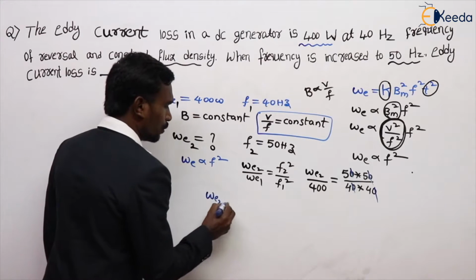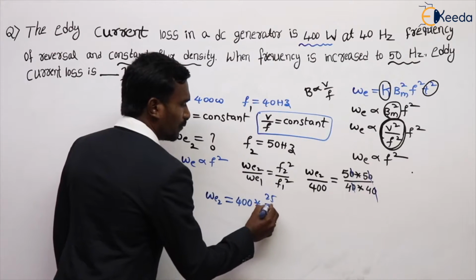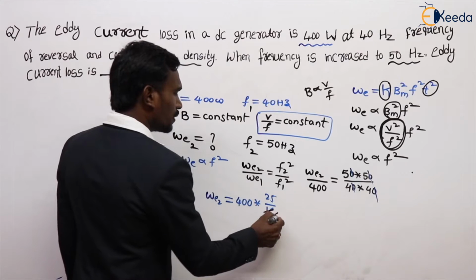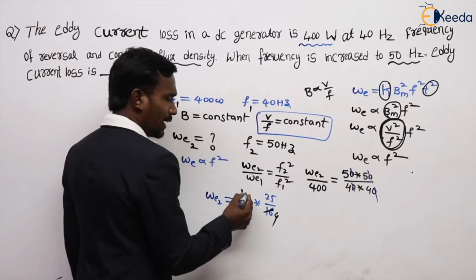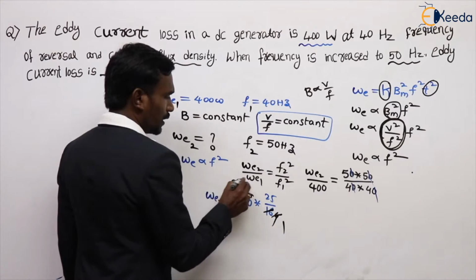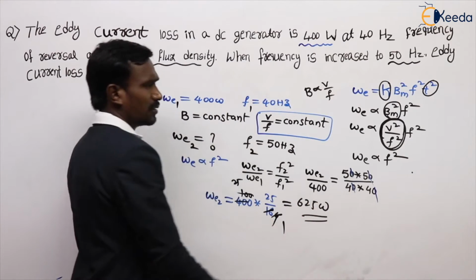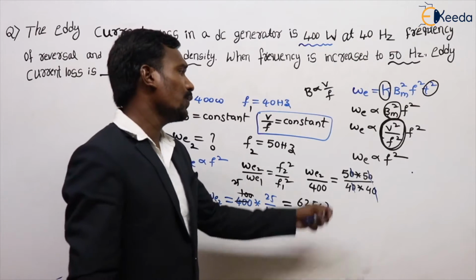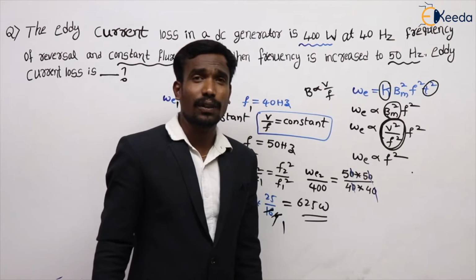So W2 equals 400 multiplied by 25 out of 16. 4 ones are 4, 25s are 25, 25 fours are 100... so the answer is 625 watts. Here the frequency increased up to 50 hertz, then eddy current loss increased to 625 watts.